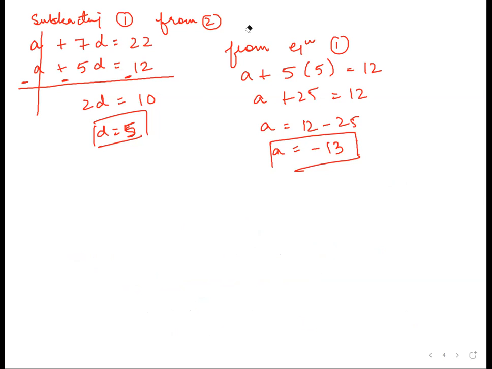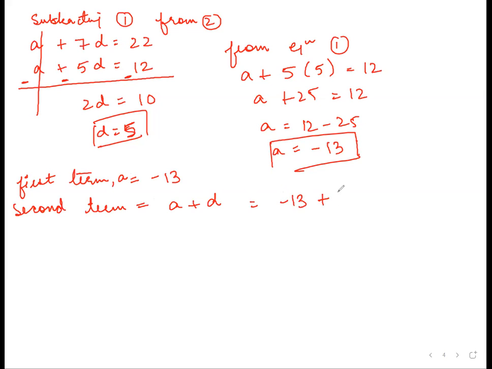Okay. Now, a you know and d you know. Now you can write your AP. So first term is equal to minus 13. Now you write the second term. Second term is a plus d. From the general representation of AP also you can find a2. So that means minus 13 plus d, which is 5. So how much? Minus 8, right?